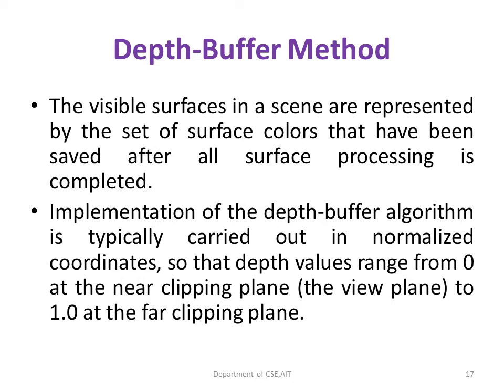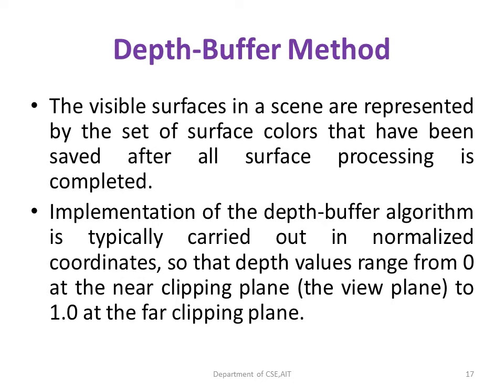When implementing the depth buffer algorithm, this is usually done on normalized coordinates, and we know that the normalized coordinate has a range from 0 to 1. So we apply the depth buffer algorithm on a normalized coordinate plane within the range from 0 to 1.